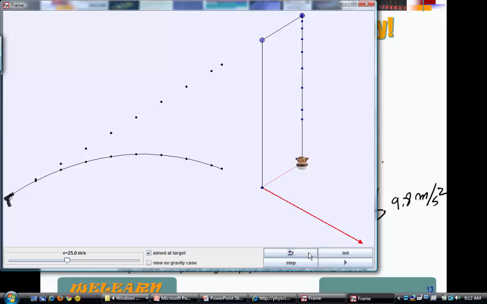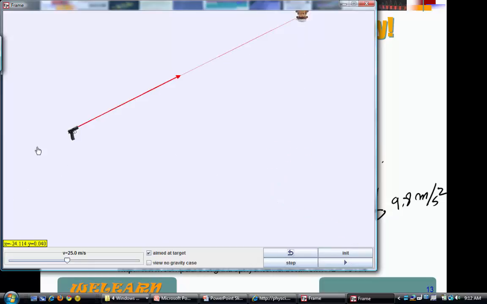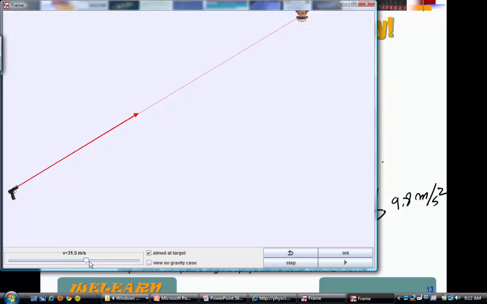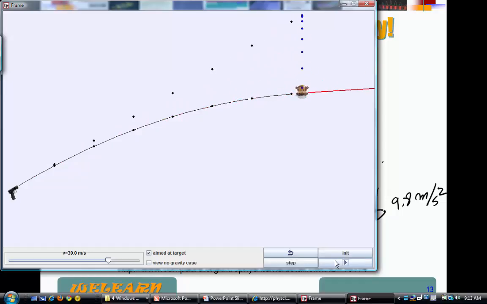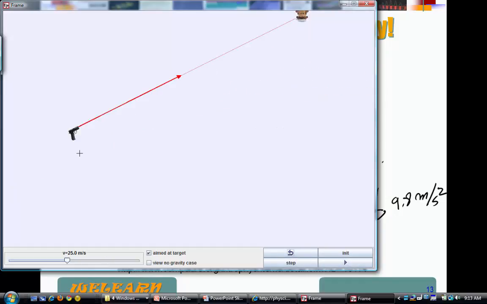Now, one might ask, what happens if we get the bullet to move faster? Okay, same thing. What would happen if we get it to move slower?